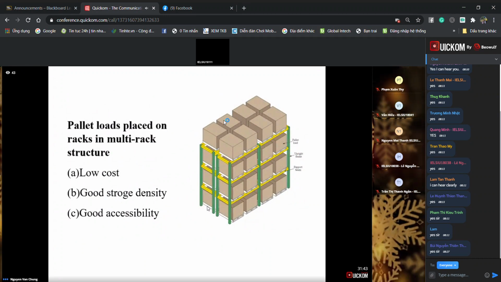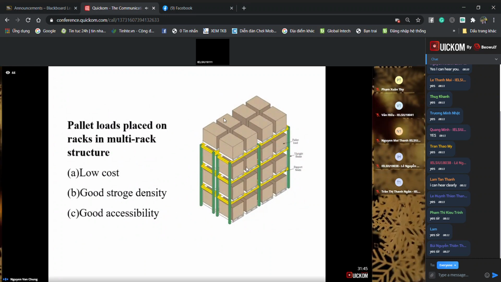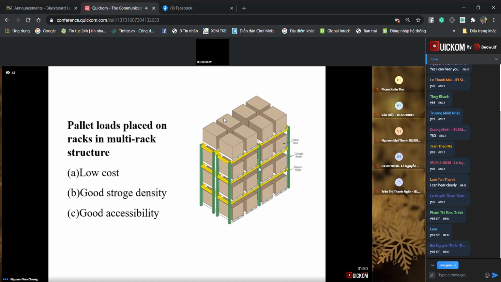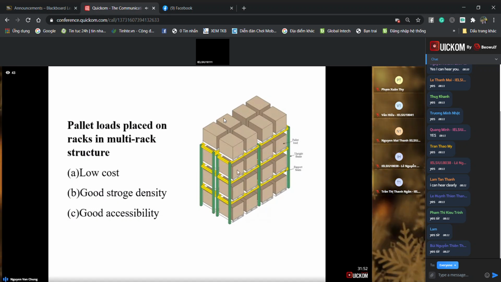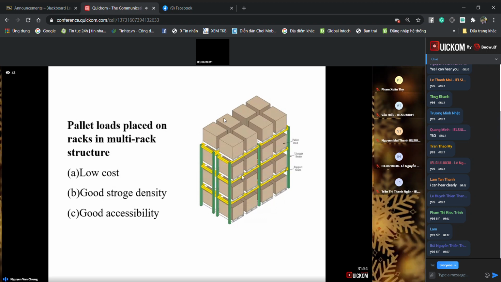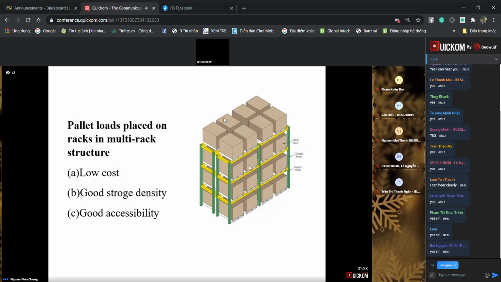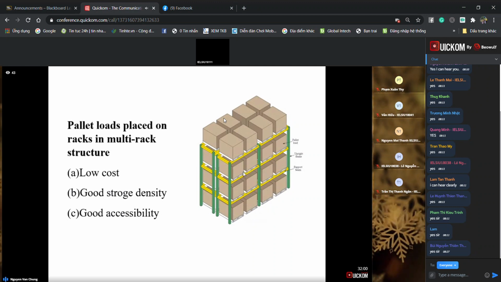So for example, this is the compartment, and then you store the container or the box, the unit load, inside, and then you need the clearance or the gap.